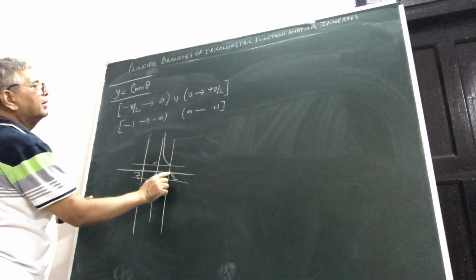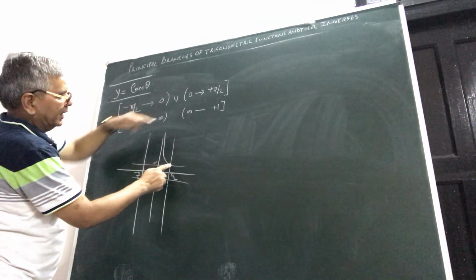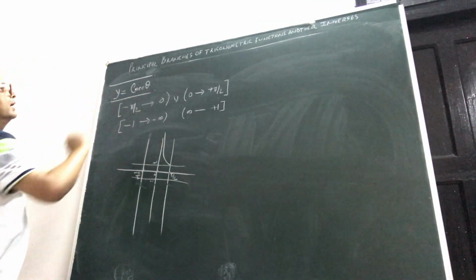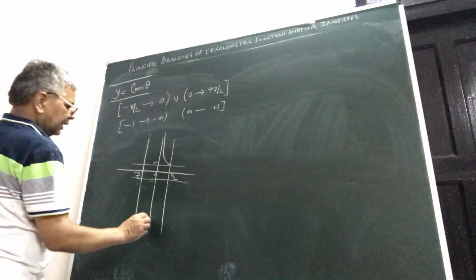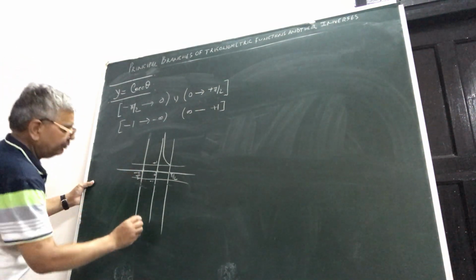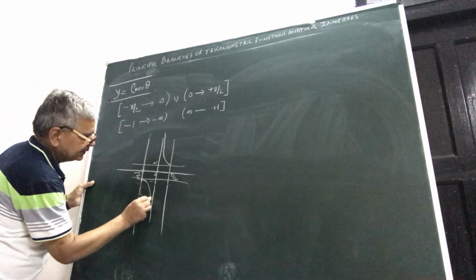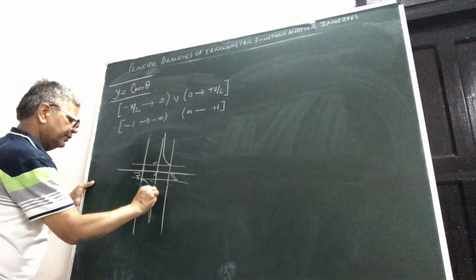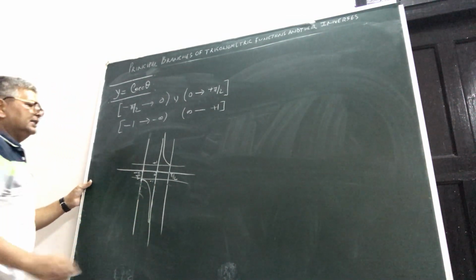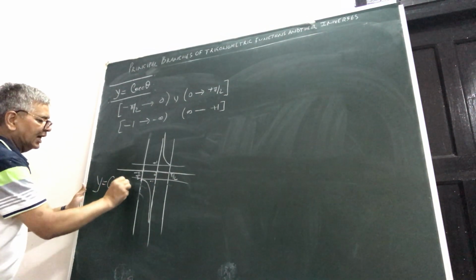See, in 0 to pi by 2, it will be from infinity to 1. Please see, infinity to 1. And then minus pi by 2 to 0, it will be minus 1 to minus infinity. It will go like this. Make it nearer to it. Yes, this is the graph of y is equal to cosec theta.